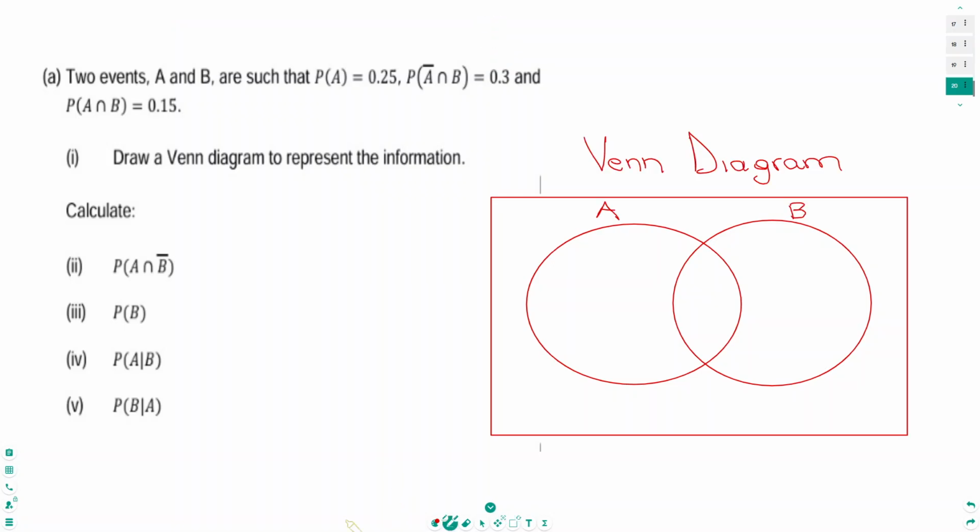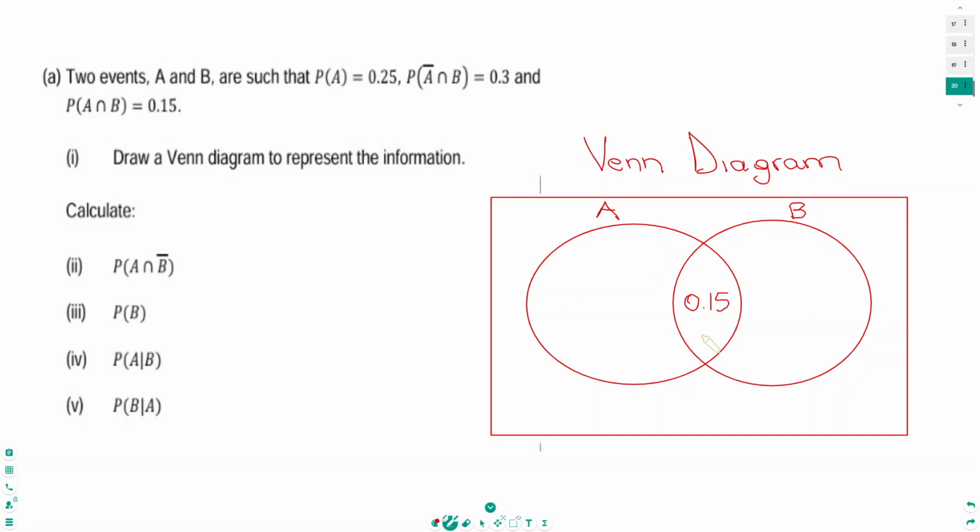We always start from the intersection of the two events, and the probability of the intersection between A and B is 0.15. So we need to include this value in the middle. We also know that the probability of the event A as a total is 0.25.